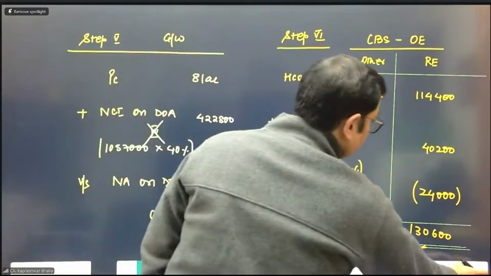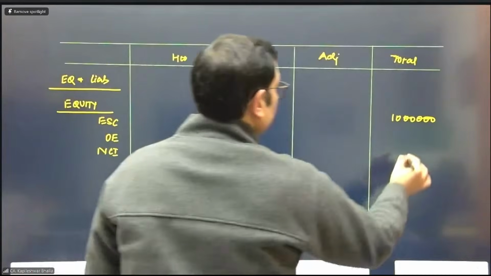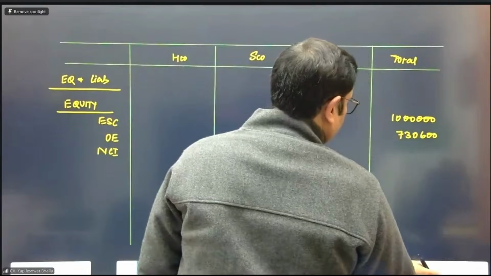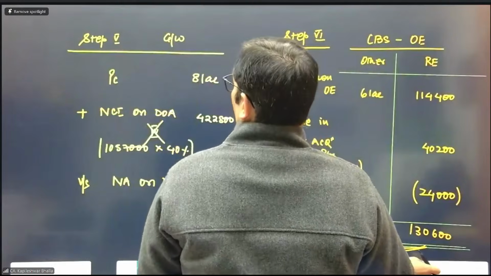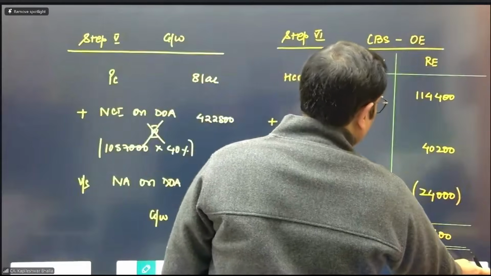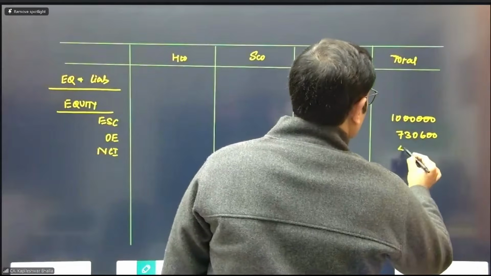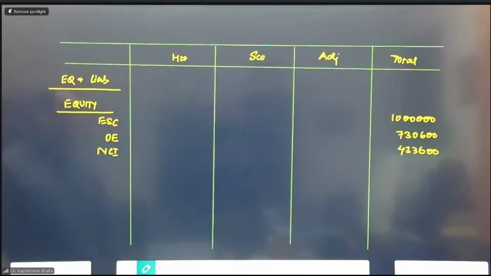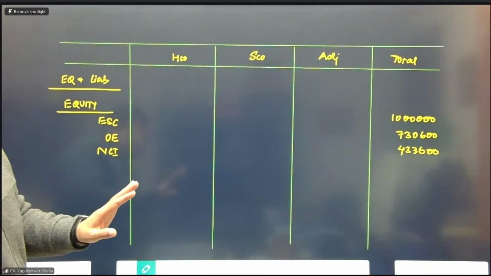That is 7,30,600. NCI we can take from our calculations. That is 4,33,600. That is from the step calculations. I think equity is done.